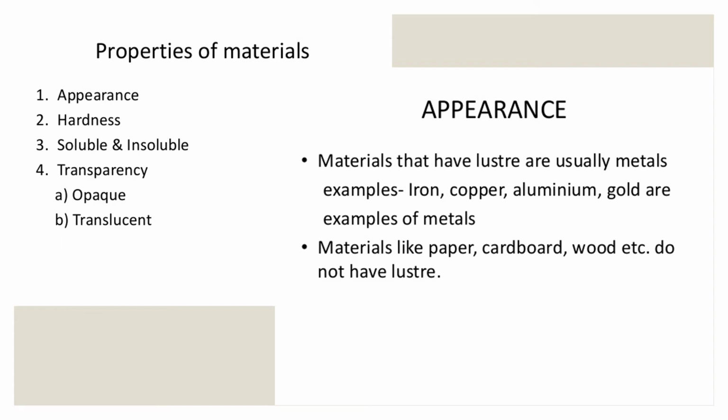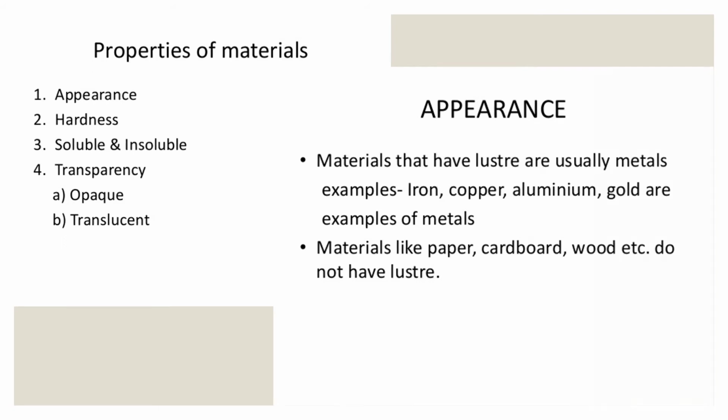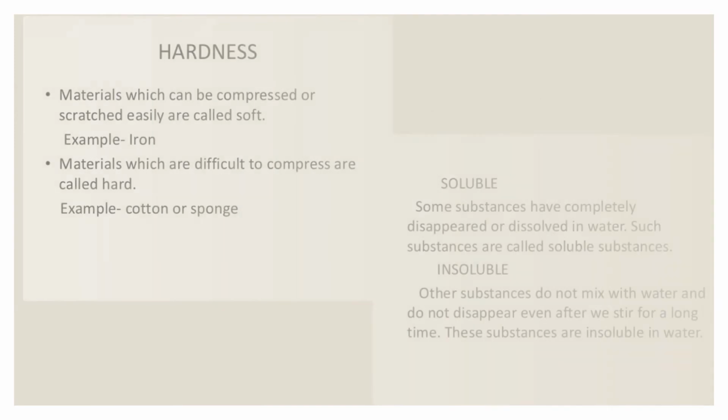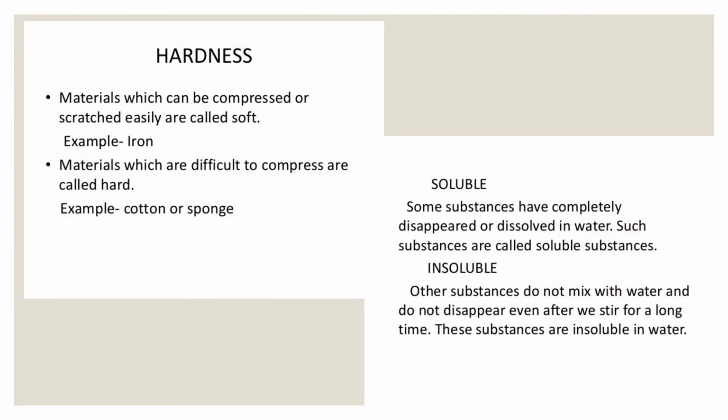Luster means shine. So iron, copper, aluminium, gold have luster or shine, but materials like paper, cardboard, wood do not have luster or shine. So on the basis of appearance also we can divide the material. Next is hardness.